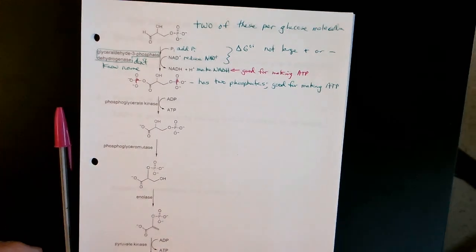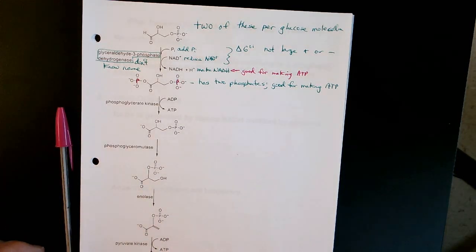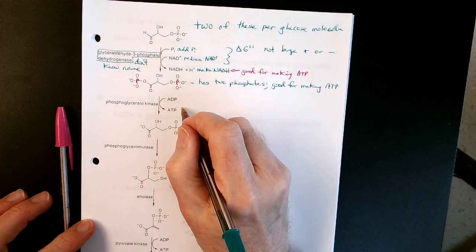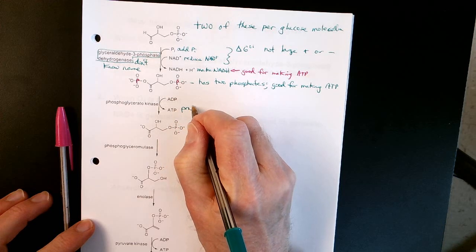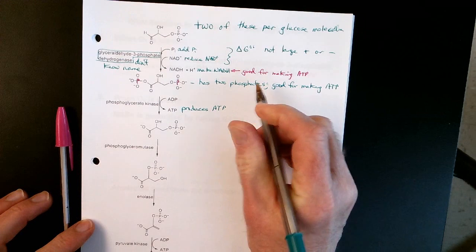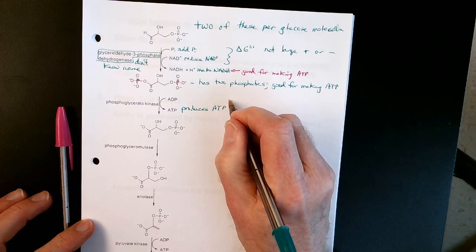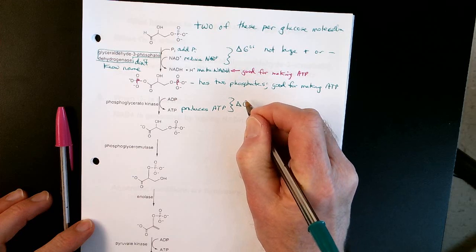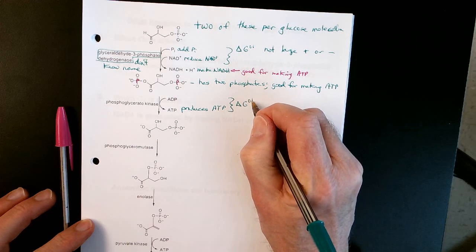All right, so then here's our first good news on the ATP front as you look at the next one. This next step produces ATP, and it has, as a whole, a delta G that will tell you that this really does want to go.